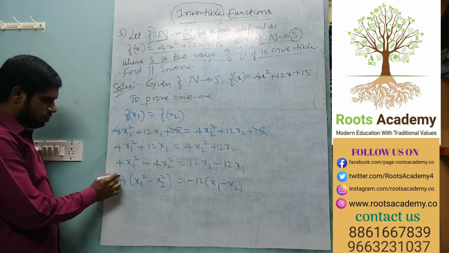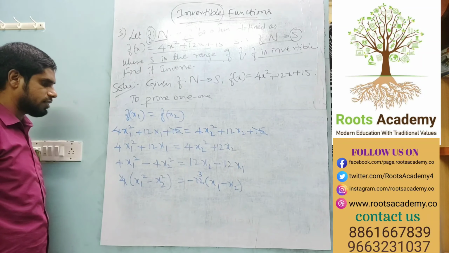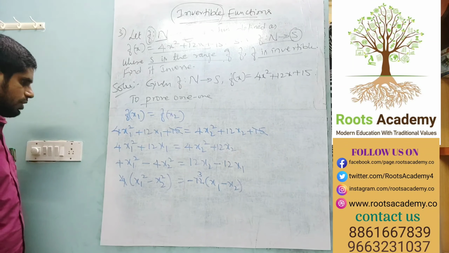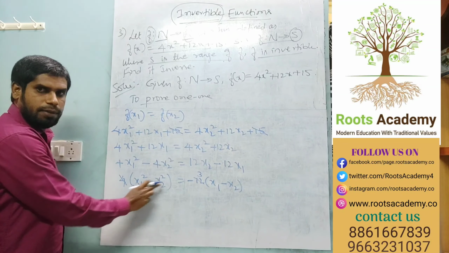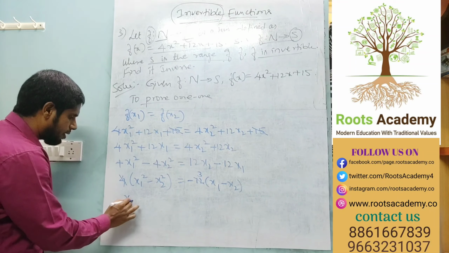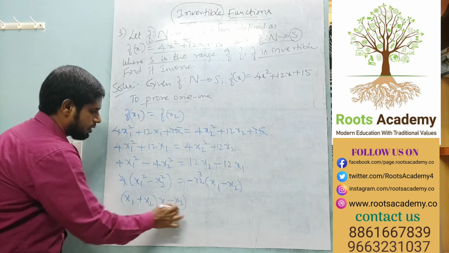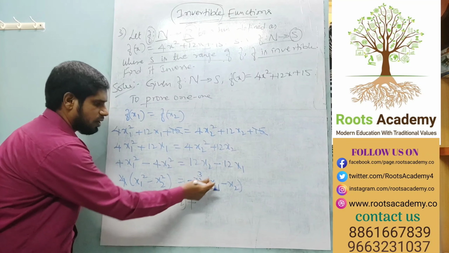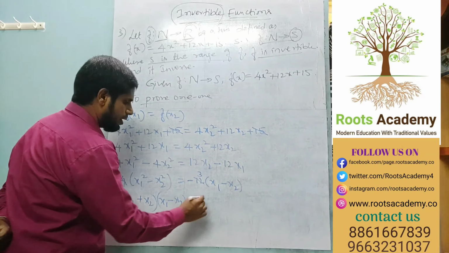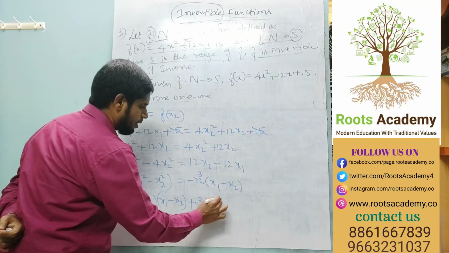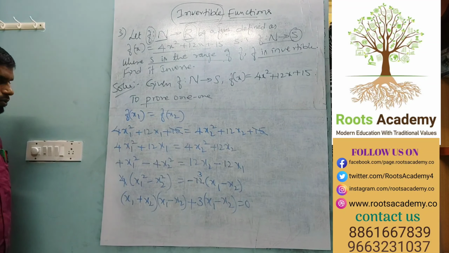Now 4 one time, 4 three times gets cancelled, left hand side and right hand side cancellation. Now the a square minus b square identity I can apply here. So according to that I will get x1 plus x2 times x1 minus x2. This I will shift to this side because a negative term is there, so it becomes plus 3 times x1 minus x2 is equal to 0.